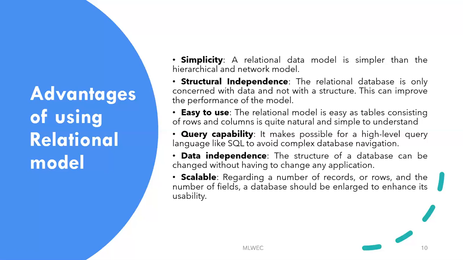Here, structural independence and data independence. Structural independence means the relational model is only concerned with the data, not with the structure. This is very important, and it can improve the performance of the model. Data independence: the structure of the database can be changed without having to change any application. Users only need to store and access the data.